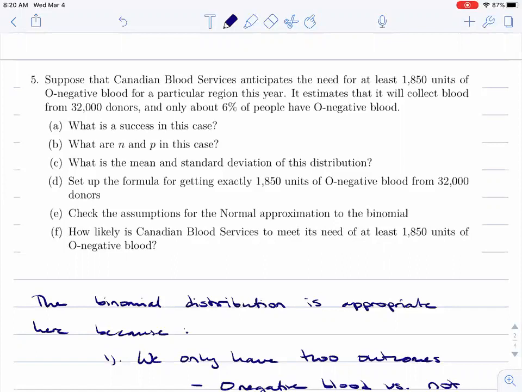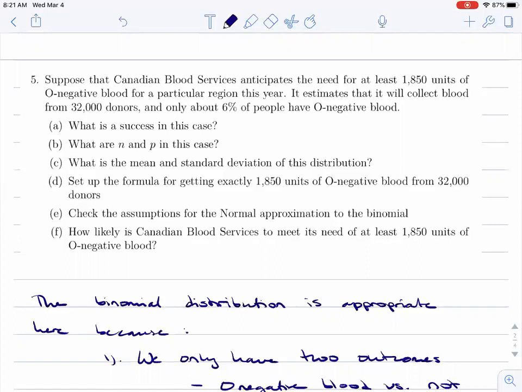We're not going to do this calculation because I'm pretty sure your calculator won't be able to do 32,000 choose 1,850. It cannot. Way too many. Because what are we saying? Imagine a tree diagram with 32,000 layers, each with only 2 possible outcomes. And then we want to figure out how many of these branches, even if we did map them out, have exactly 1,850 successes.